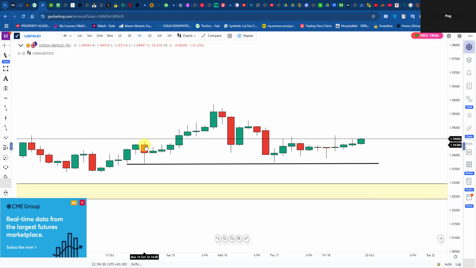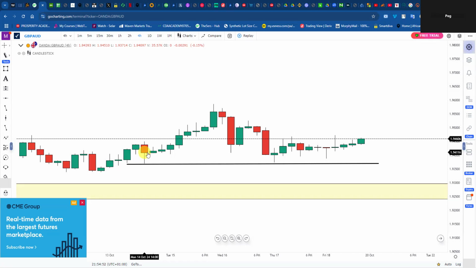Are you getting me? But this candle ended as a red candle. It ended not as green. So being red means it opened higher and closed lower. So based on color, many traders will say, oh, this candle is bearish.